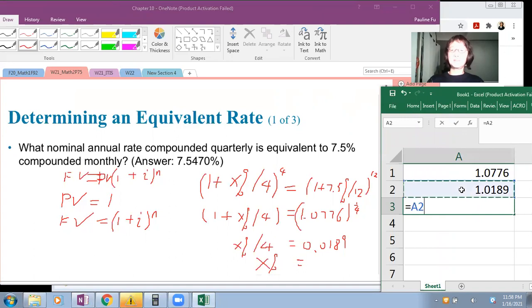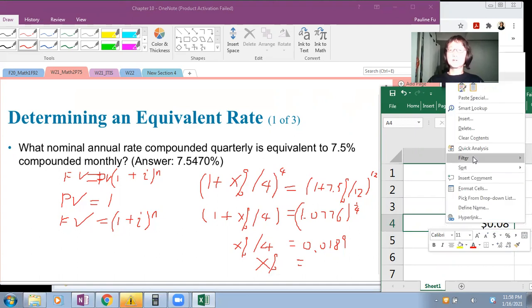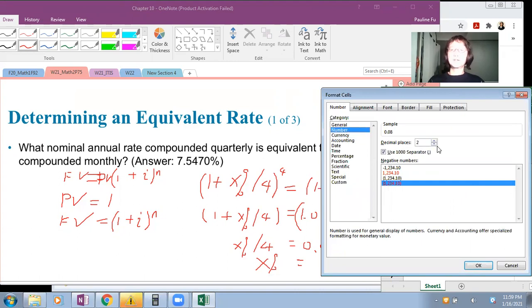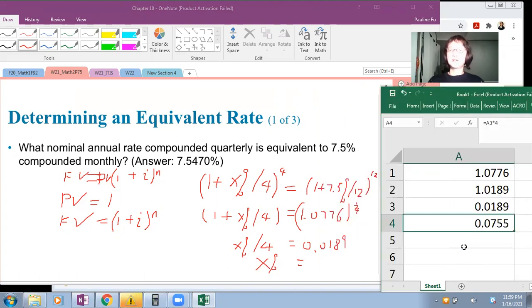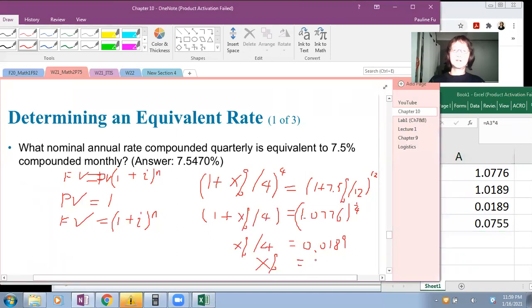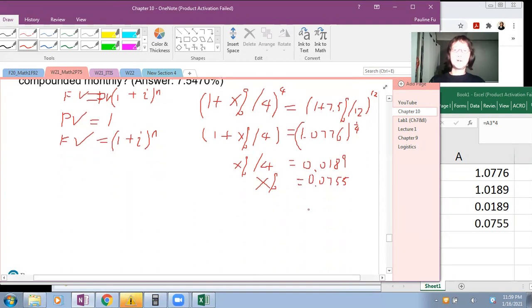So first, this number minus 1, then this multiplied by 4. Okay, again, I format this one, format cells. So 4 decimal places. So x% equal to 0.0755. So x equal to 7.55.